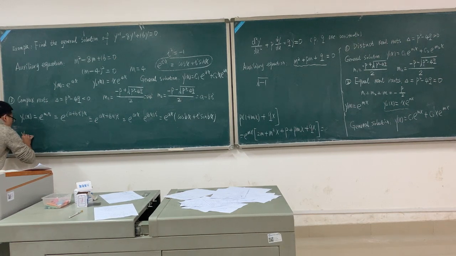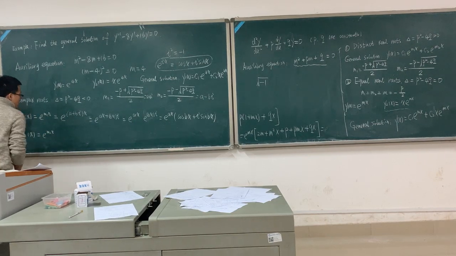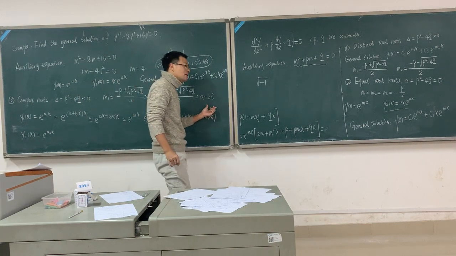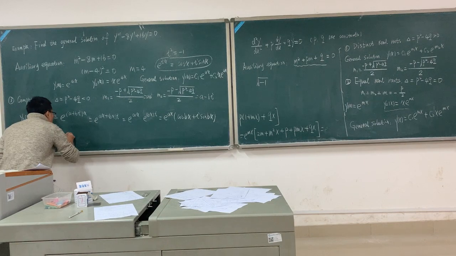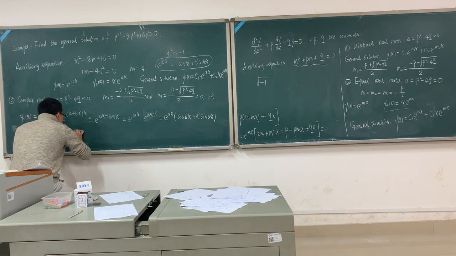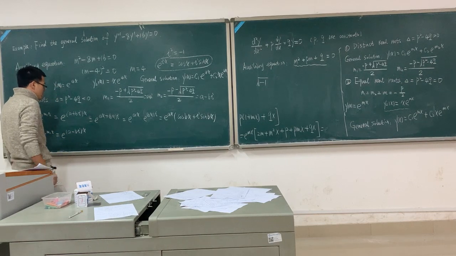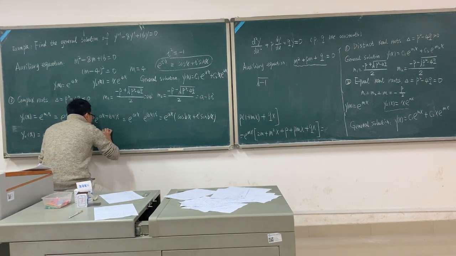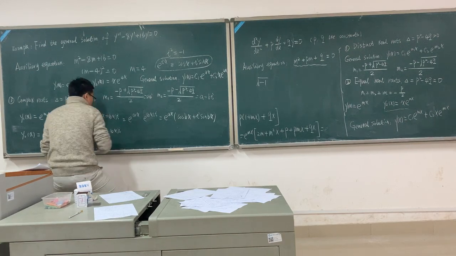So this is y1. Y2 is the same. Y2 of x is equal to e to the m2 x. M2 is a minus bi, so here it is equal to e to the (a minus bi) x. We can divide it as e to the ax minus bxi, which is e to the ax times e to the minus bxi.